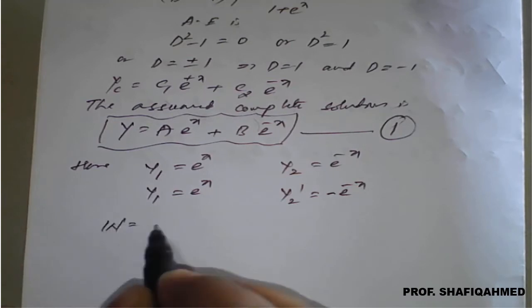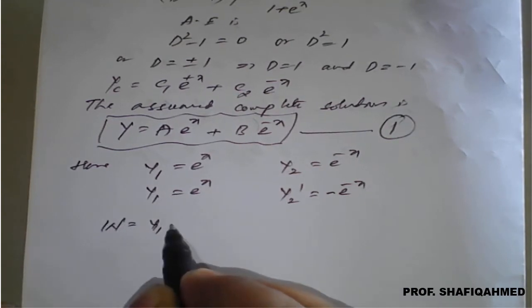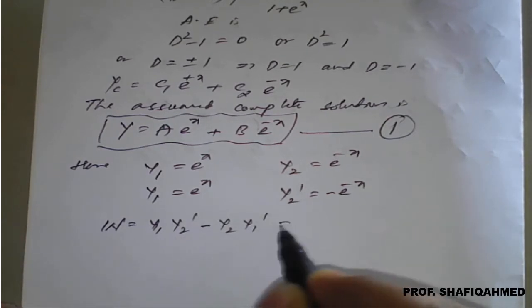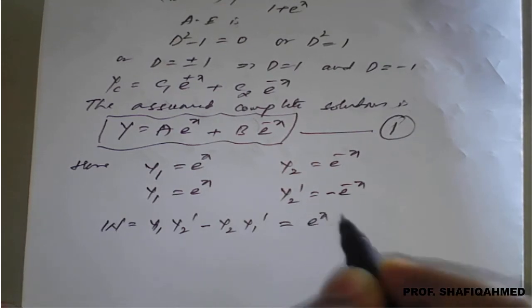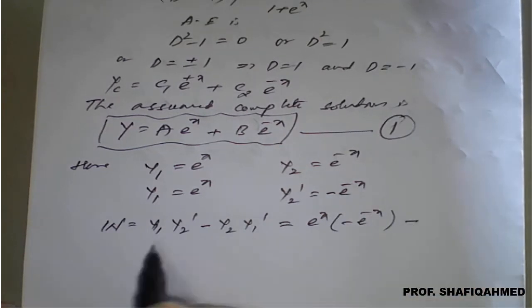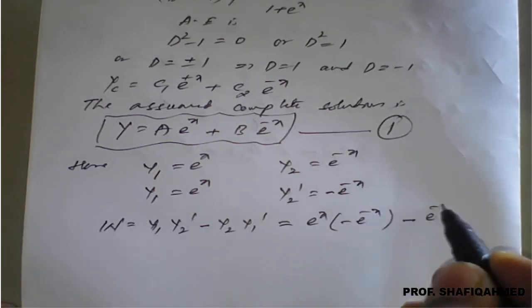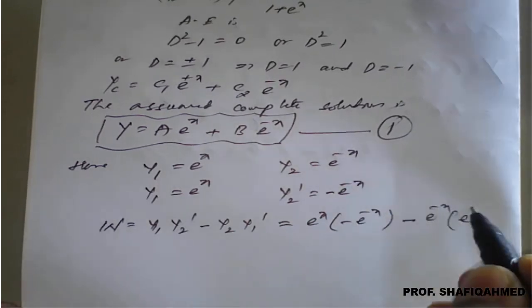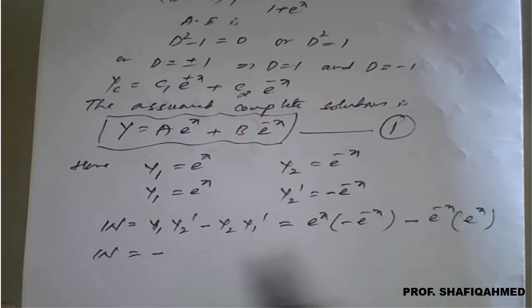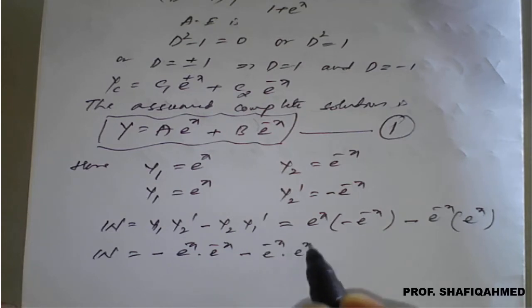So w is given by y1 into y2 dash minus y2 into y1 dash, which is nothing but y1 value is e raised to x, y2 dash value is minus e raised to minus x, minus y2 value is e raised to minus x and y1 value is e raised to x. So on simplification, w will become minus e raised to x into e raised to minus x minus e raised to minus x into e raised to x.